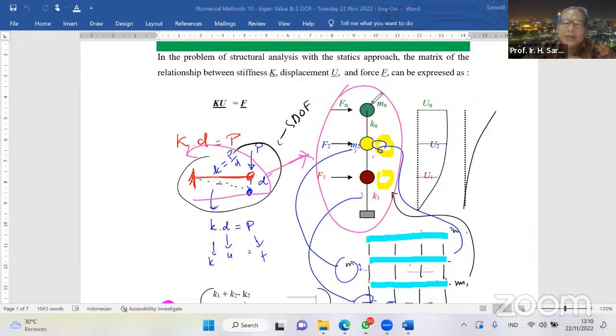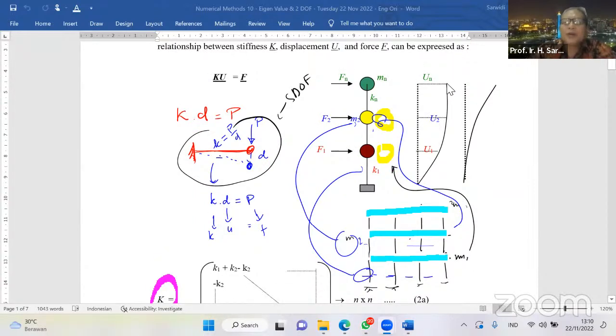And this is the model of the structure that we can make to simplify. A model means simplify. Of course, it will not capture all of the points, but it captures the main point of the full structure itself.